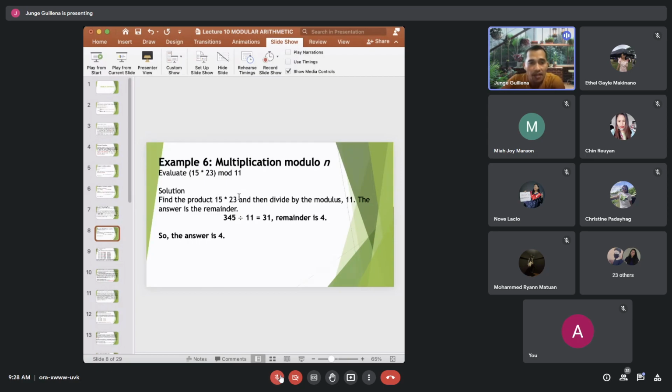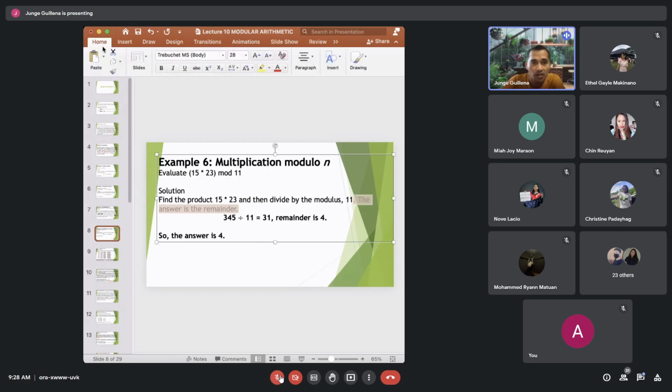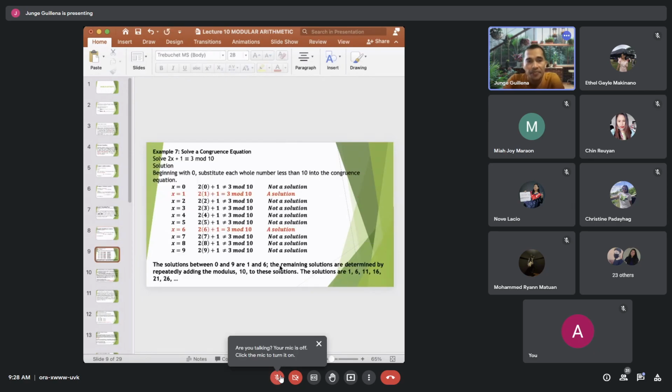So 15 times 23 is 345. 345 divided by 11, that is equal to 31, and the remainder is 4. So in this case, the answer is 4. Again, take note, don't forget, no? At least, hindi mo malimutan ito that the answer is the remainder.